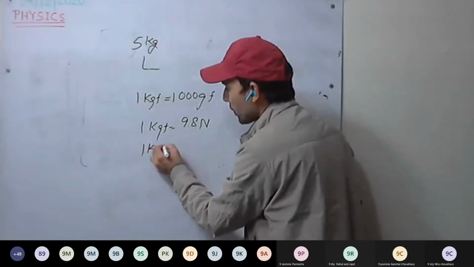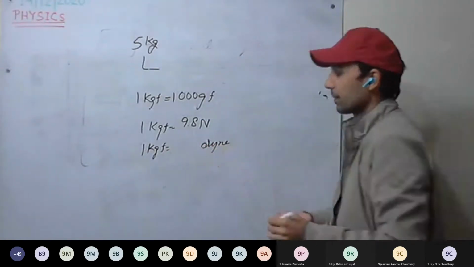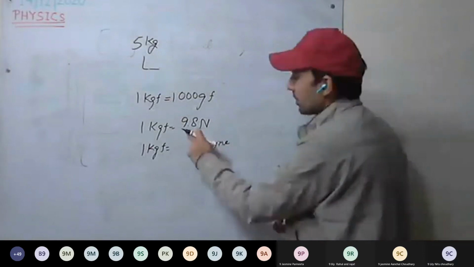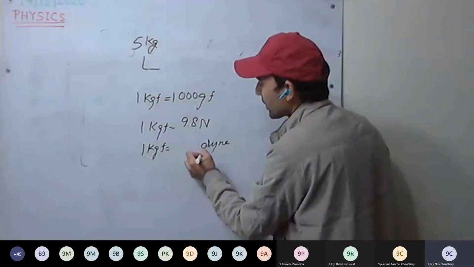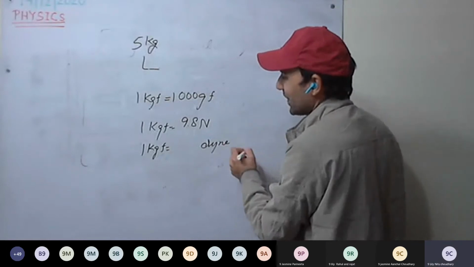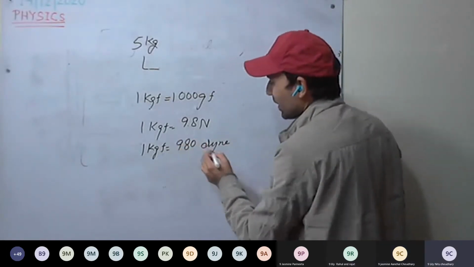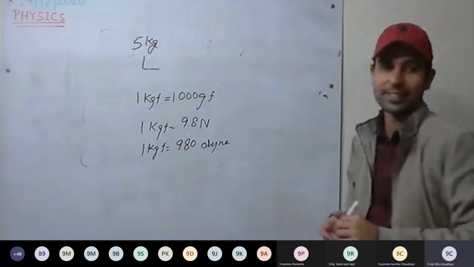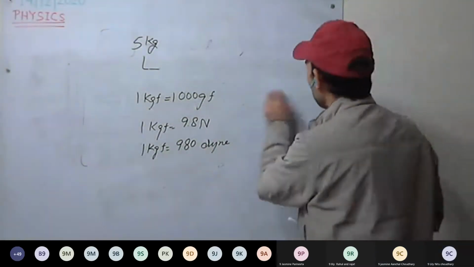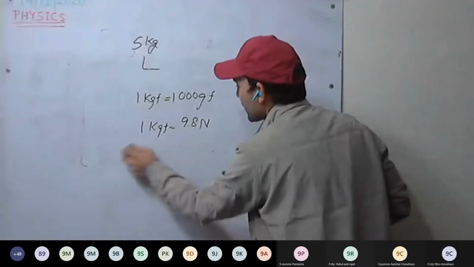Or 1 kgf equals how many dynes? Not 10 raised to 5, that will be 980 dyne. Okay, this is clear?